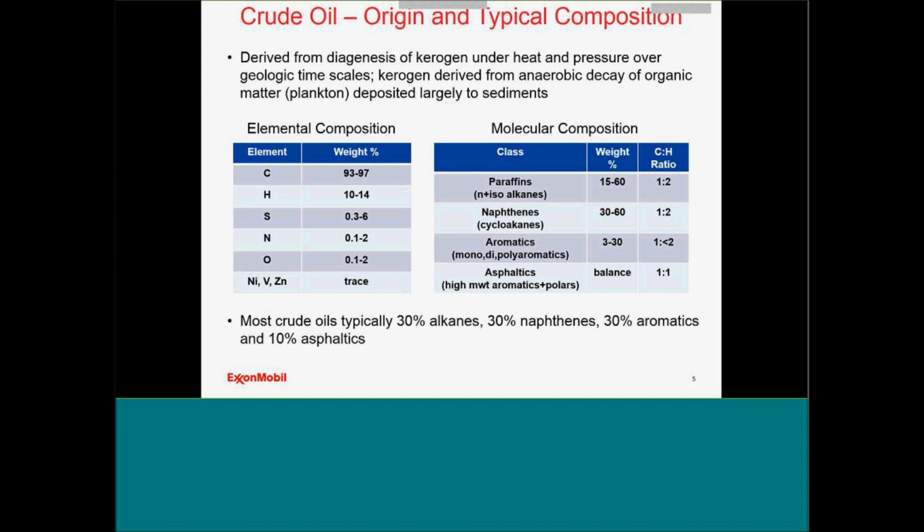And the last class is asphaltics that include asphaltenes and resins, which are comprised of poorly defined, high molecular weight and polar compounds. The amount of these classes in crude oils really vary, but a typical crude oil contains equal amounts of paraffins, naphthenes, and aromatics, with the remaining 10% comprised of asphaltics.